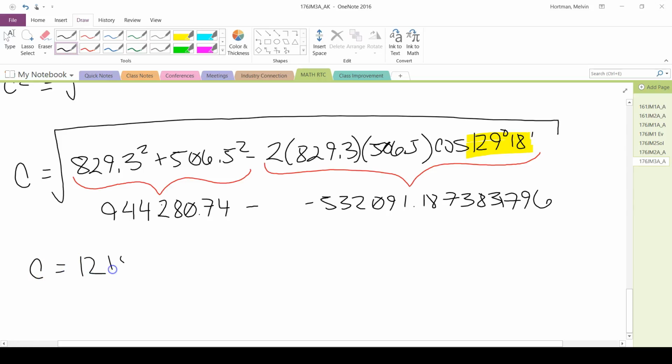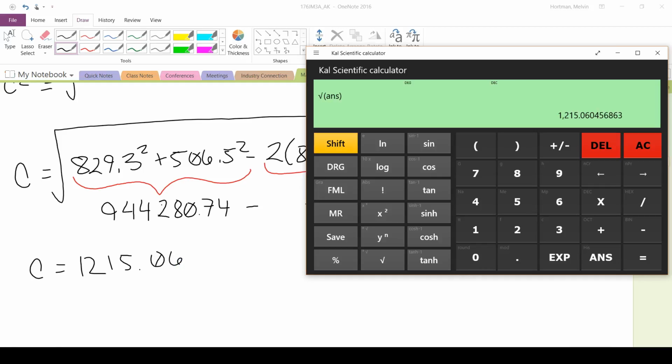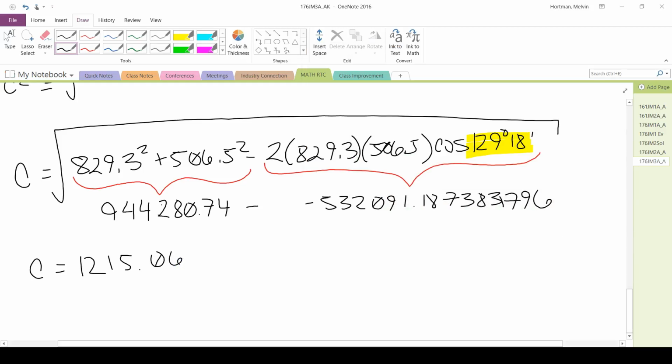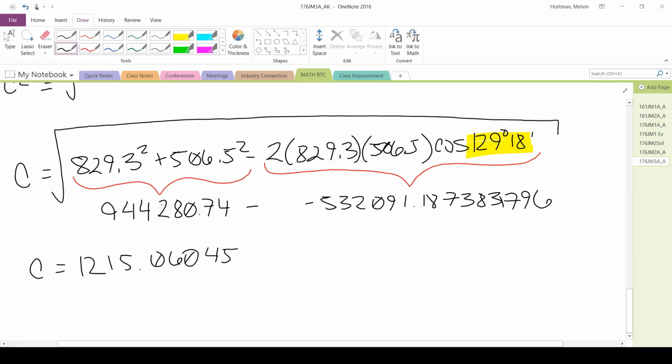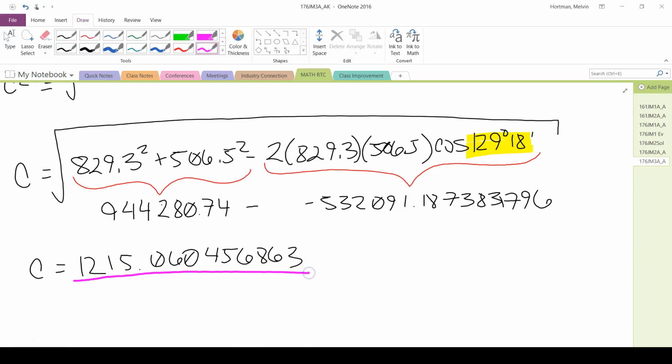So I'll write that: C equals 1215.06. And that's just for C. We still got 2 more values to go.